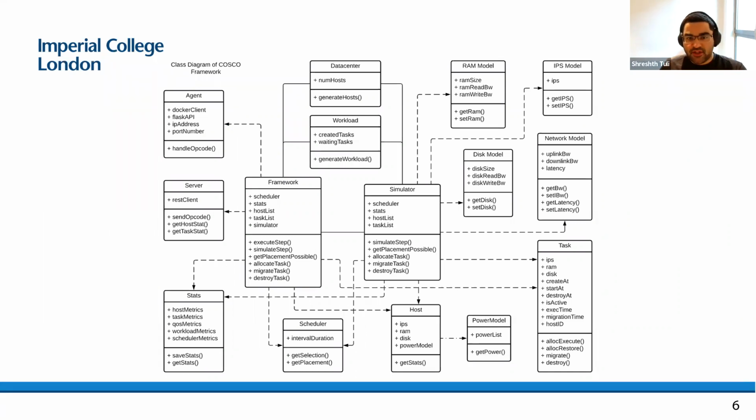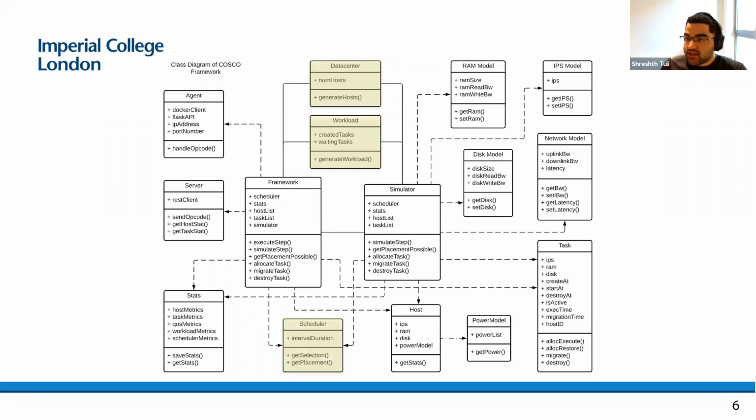So the first and foremost is this data center class, which provides a list of host objects in the simulator or a physical environment or framework. And then we have the workloads, which are either time series models of these resource utilization characteristics, such as instructions per second, RAM, disk, etc., or actual Docker container images as part of physical experiments.